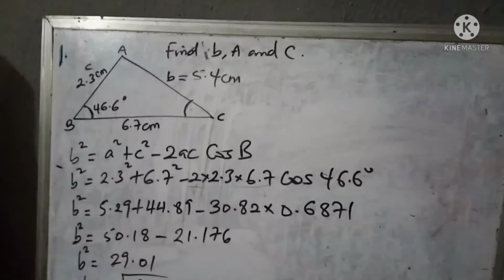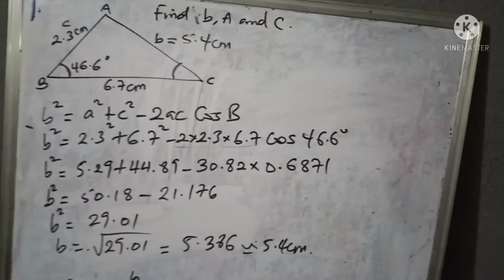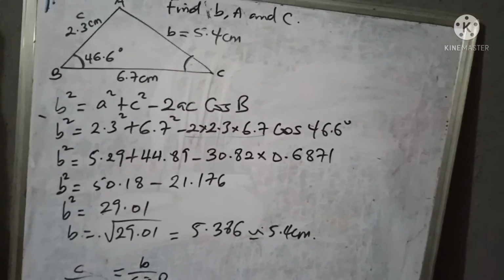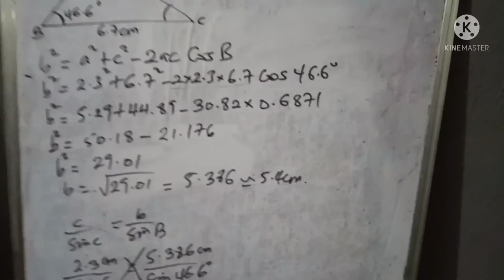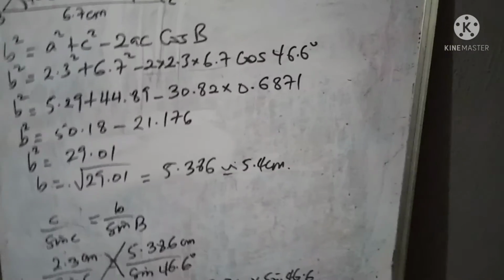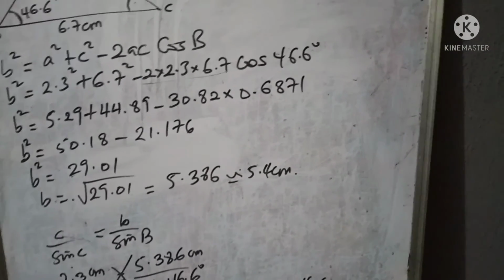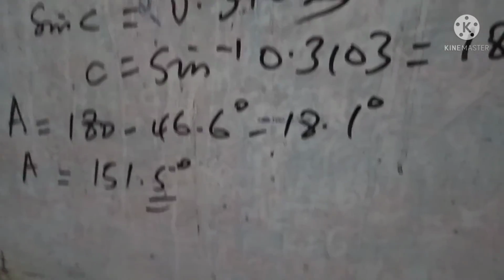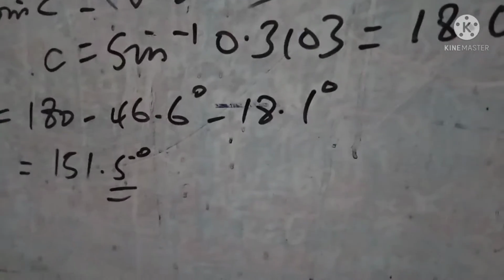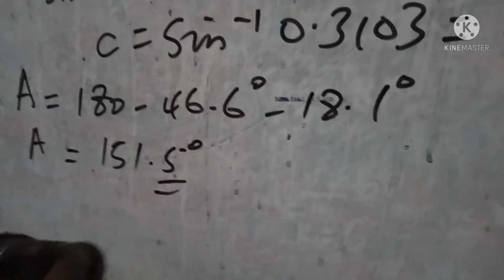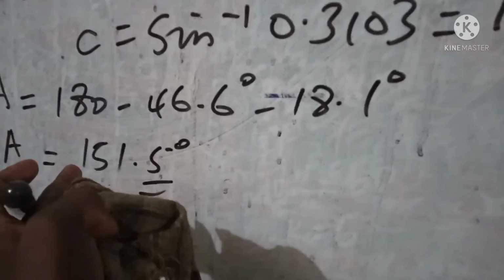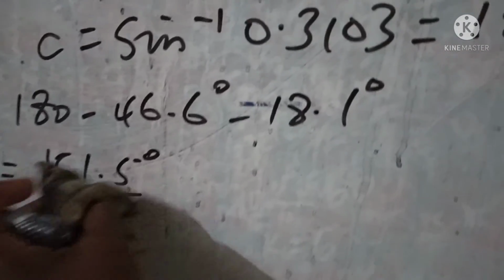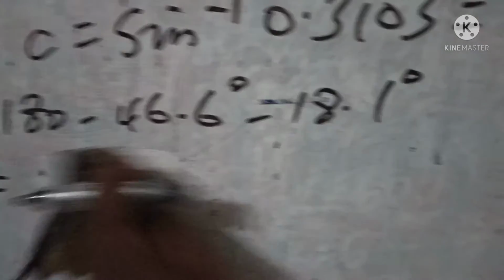So now if you look at it from the beginning, don't mind my boy here. He has made another mistake again. Actually, the answer is not 151.5. So you too, you can confirm it using your calculator.